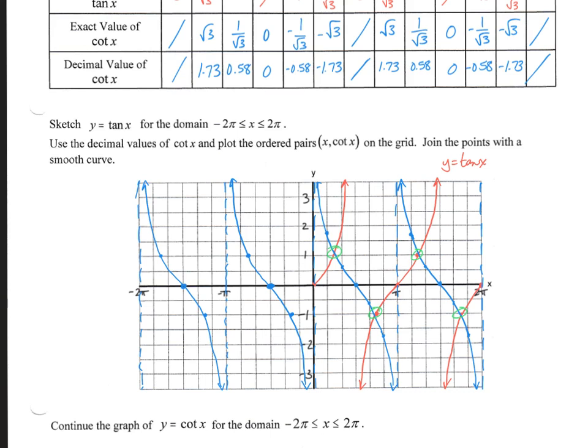If I can have that in my head as I work my way through, then everything else I'm going to use by building off of the primary curve. So if you know your sine curve, cos curve, tan curve well enough, then you have everything you need to build your reciprocal graphs each time.